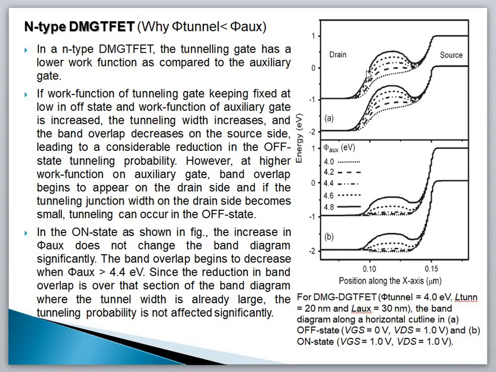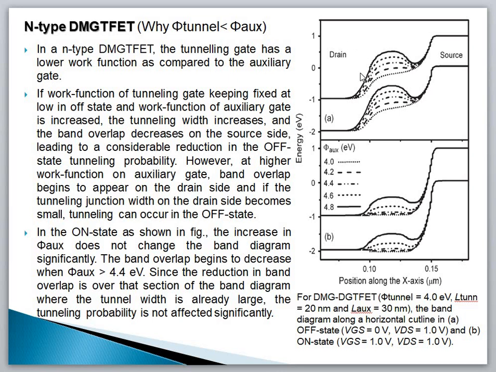I am showing two structures. The first structure, the one above, is when the device is in off state. Off state means VGS is 0 volt and VDS is equal to the maximum, 1 volt. And the lower graph will show when the device is in on state, VGS is 1 volt and VDS is 1 volt.